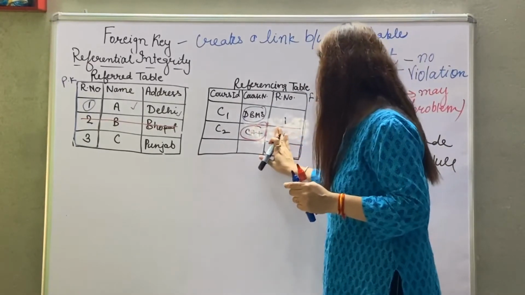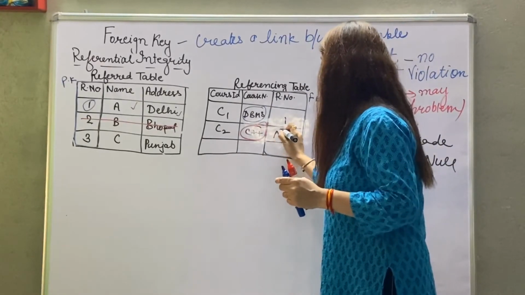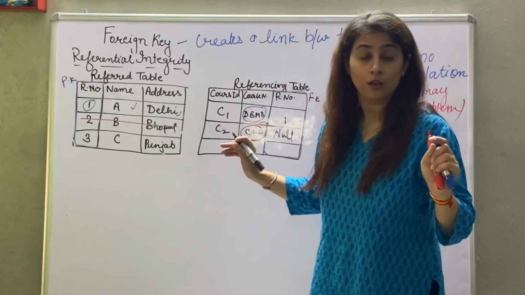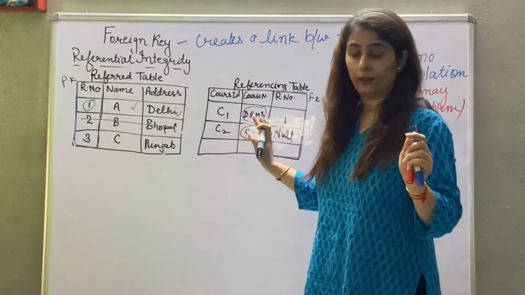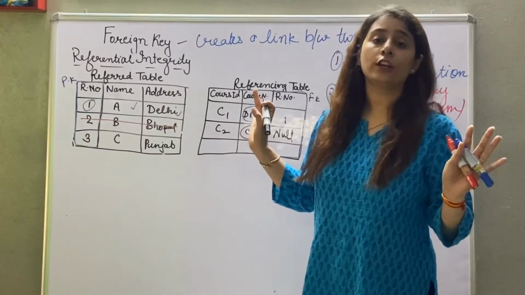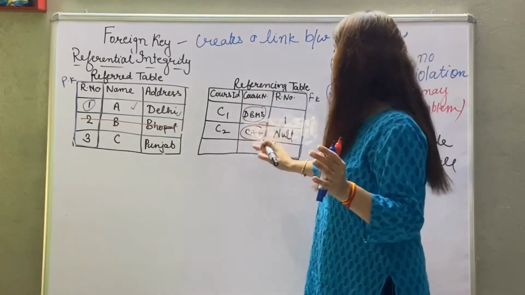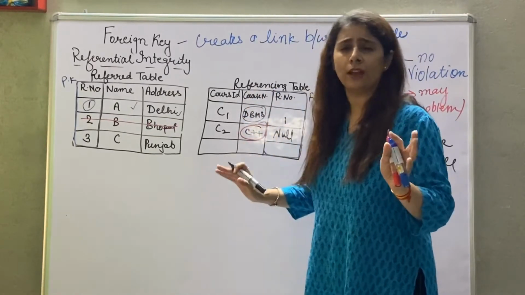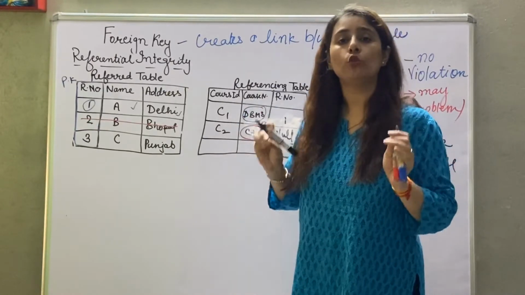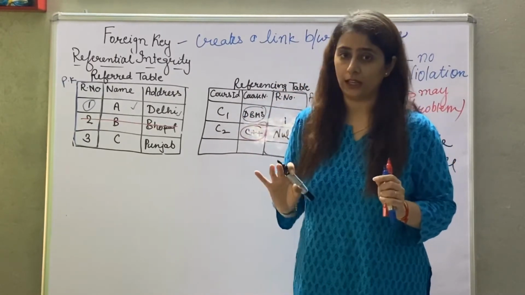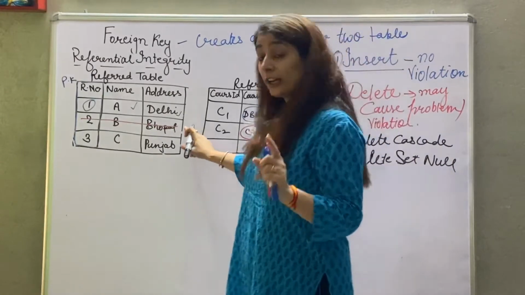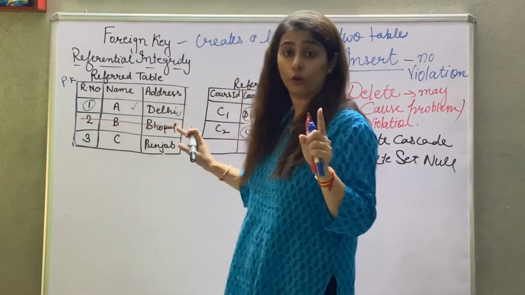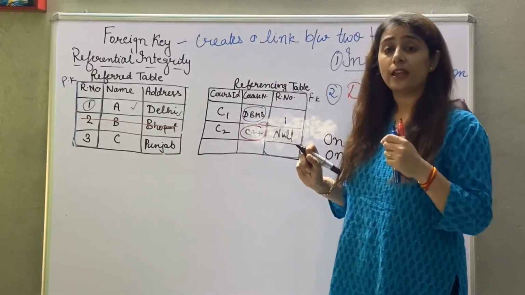Here it will set null, means nothing, it is empty. Now it will not create any problem. Wherever roll number 2 comes, in whatever table, it will set null automatically.